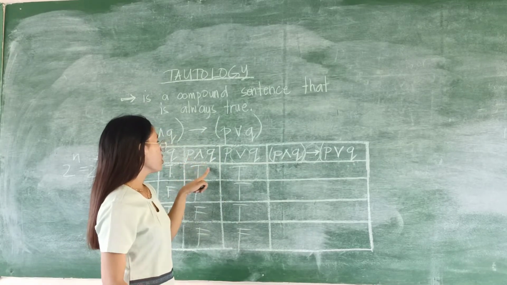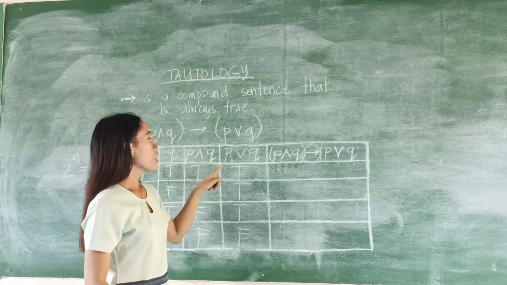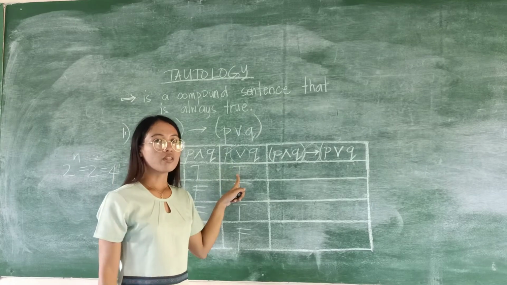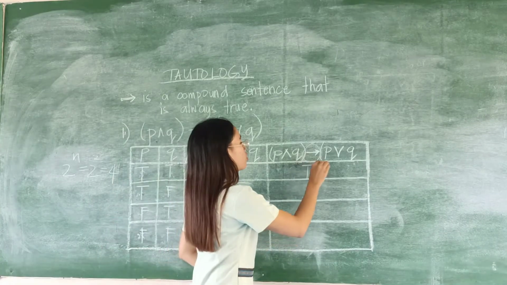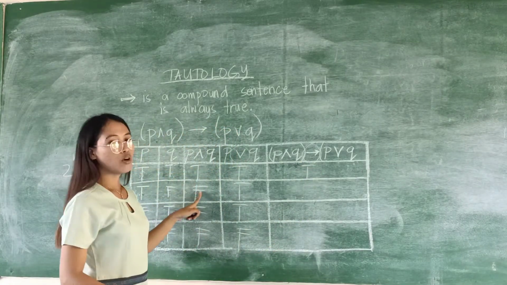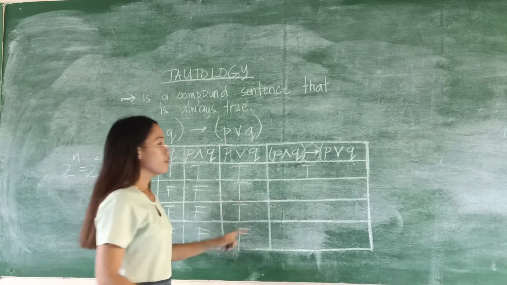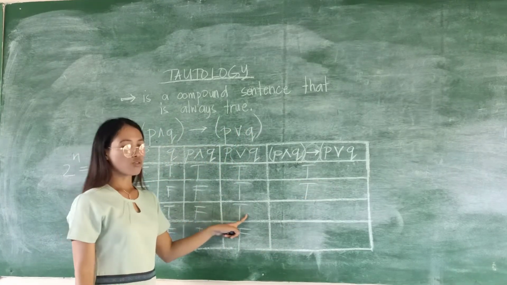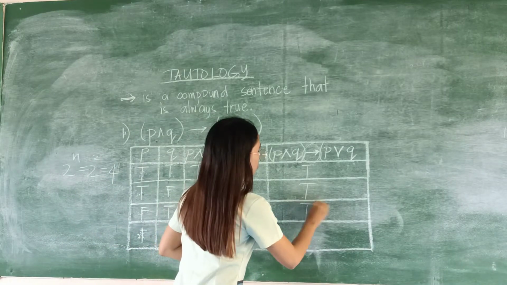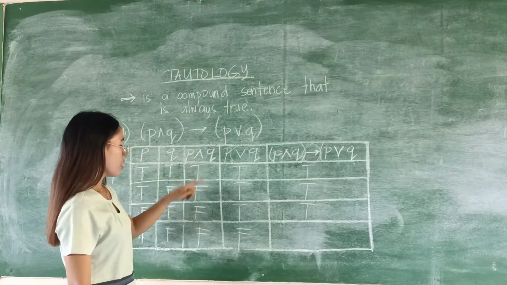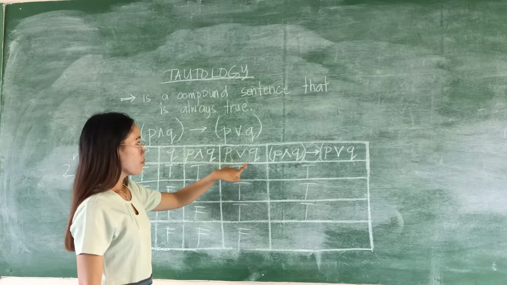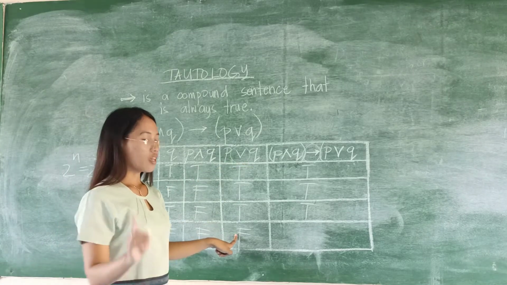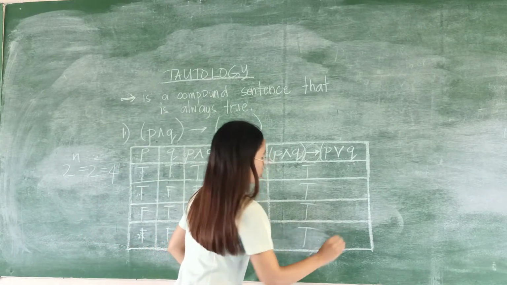So P and Q is true and P or Q is true, then that is true. Then we have false and true, then it is also true. Then false and true, it is also true. Then for P and Q false and P or Q is false, the same, that is also true.